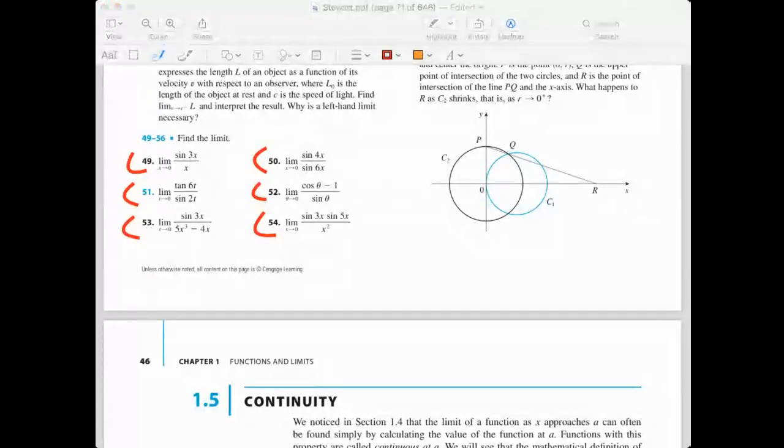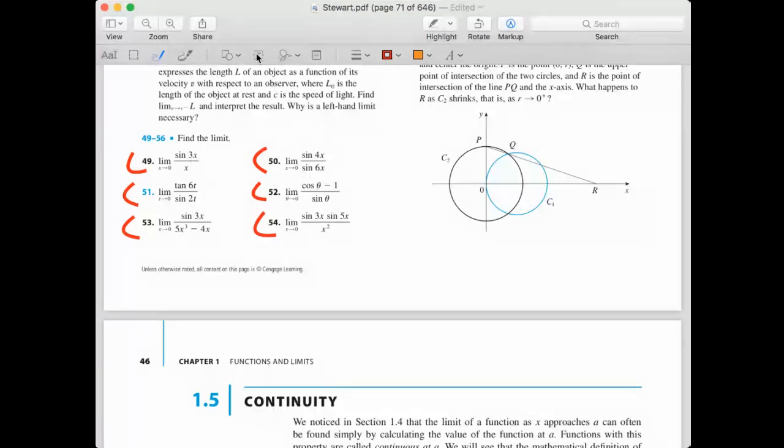I think someone wants to do 50. Julia wants to do 50, right? Yeah, me. Go ahead. So my answer for 50 was 2/3. What I did was I multiplied both the numerator and denominator by 4x and 6x.